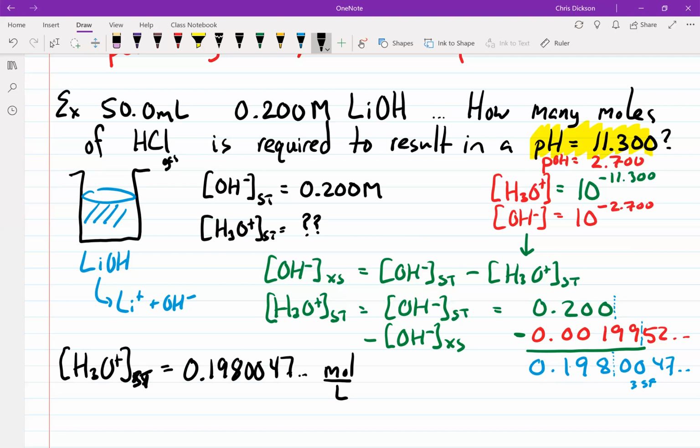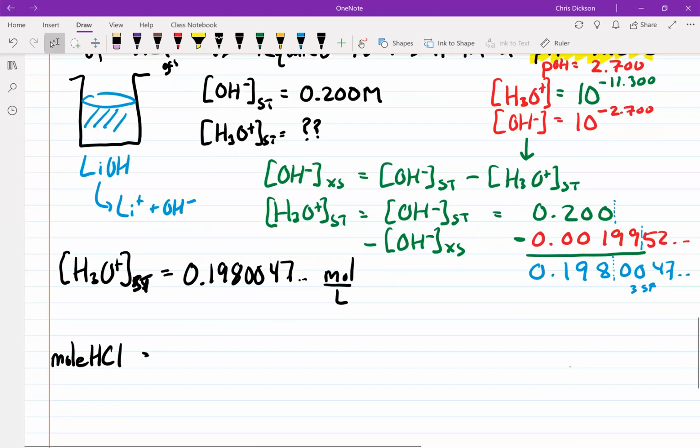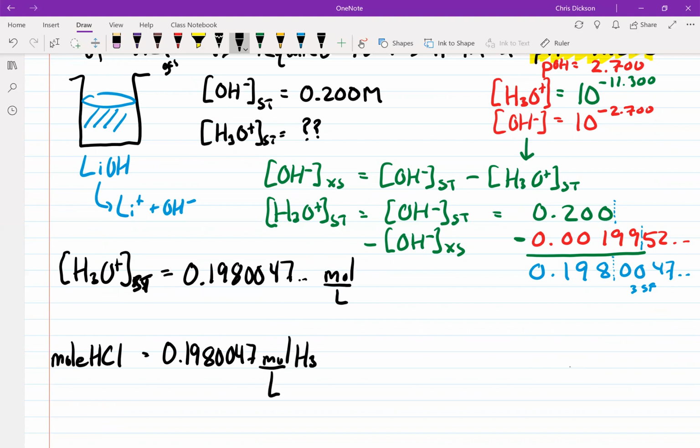Okay, so I'm trying to find the moles of the HCl required. So I'm going to start with that number first. So I'm going to say I need 0.19800047 moles per liter of hydronium.